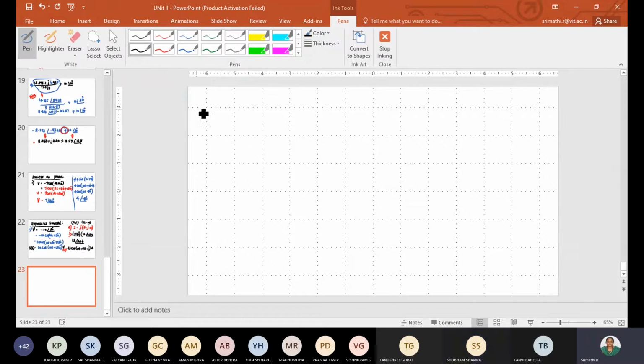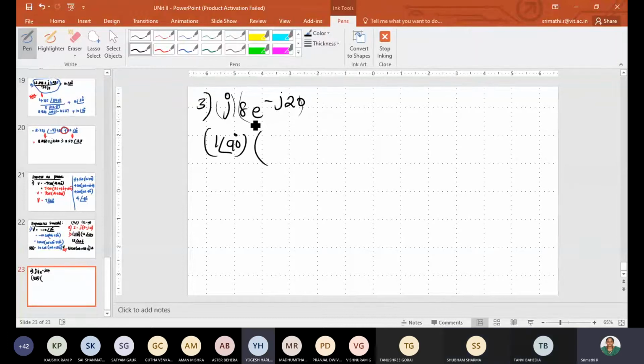And again, I'll take the third problem. j8 e power minus j20. What is j? J is 1 angle 90 degree. And how will you write 8 e power minus j20?